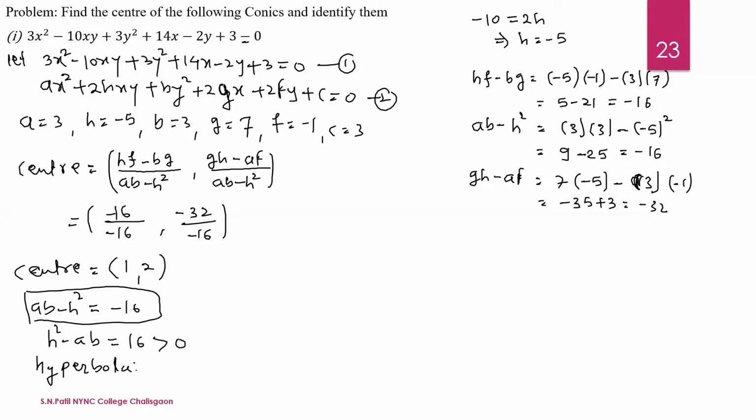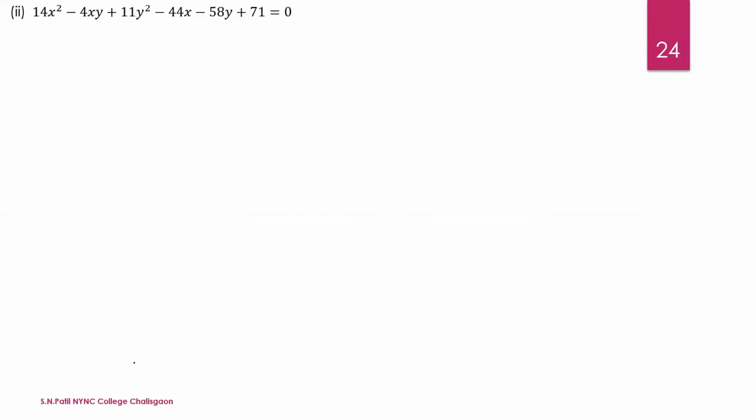Okay. Now similarly, we calculate the second problem. The second, let 14x square minus 4xy plus 11y square minus 44x minus 58y plus 71 is equal to 0.